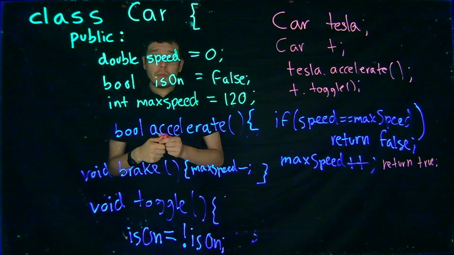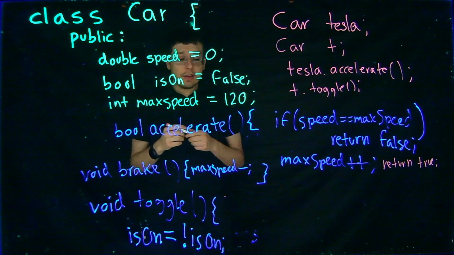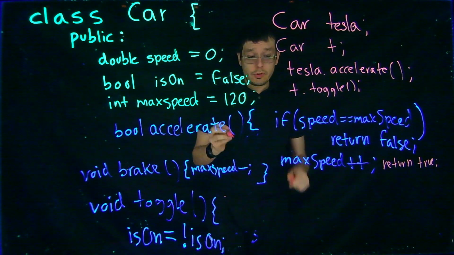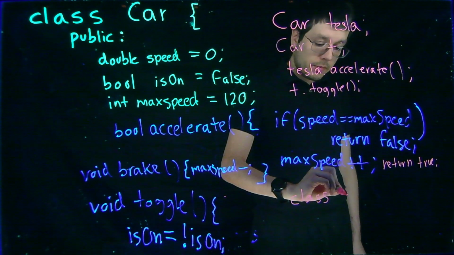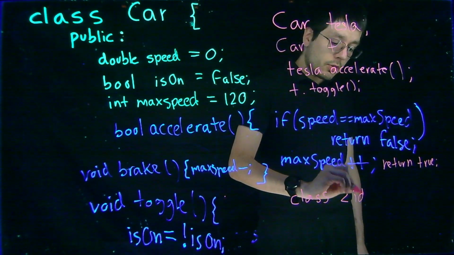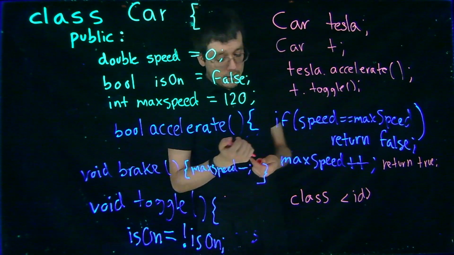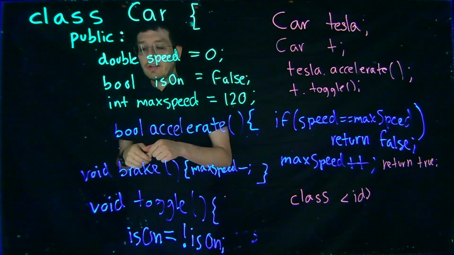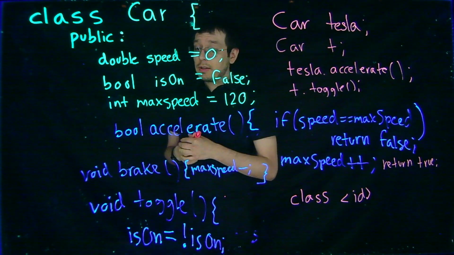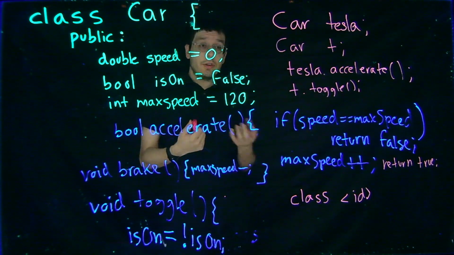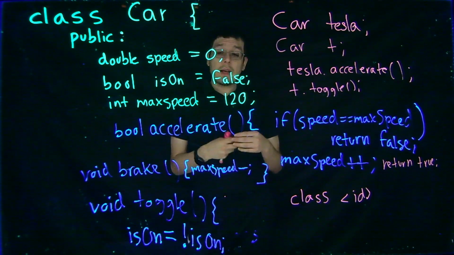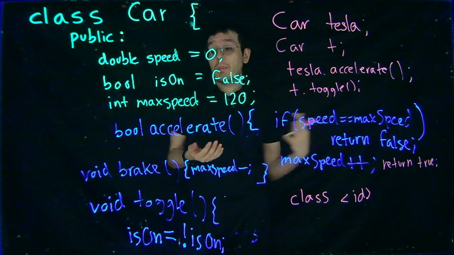A couple of things that I want to emphasize about creating a class, even though you've done it when you're doing structs, is the syntax. So the syntax of a class is going to be the word class, some sort of identifier. The same rules apply that they did in 135. So identifiers can start with an alpha character, so A through Z, uppercase or lowercase. They are case sensitive. After the first character, it can have a number in it.